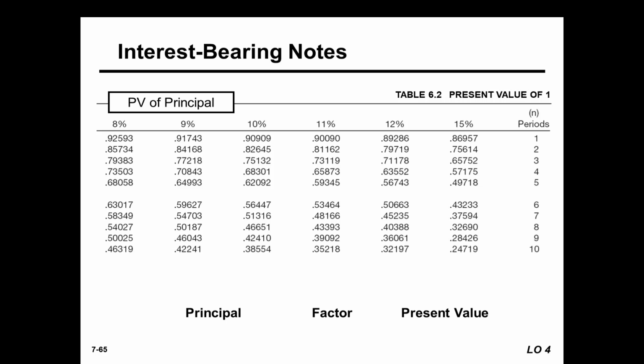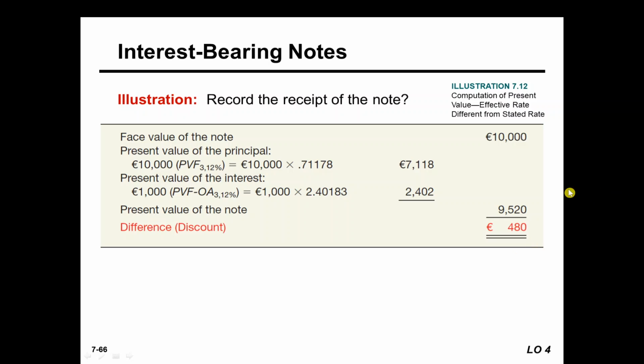And the present value of principal equals 10,000 times 0.71178, which equals 7,118 euro.